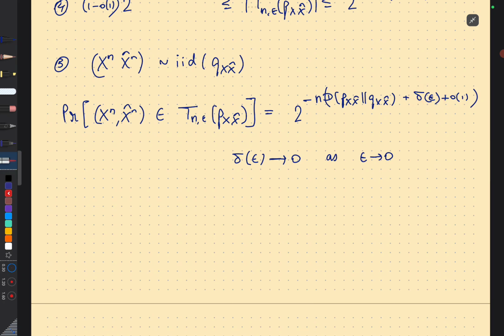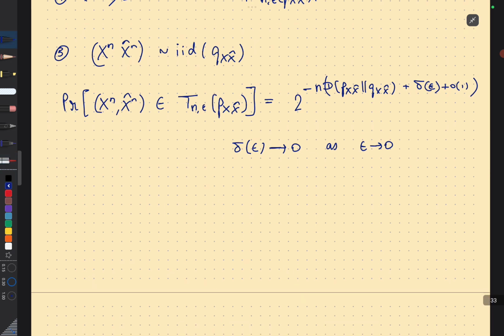It's going to be something that is linear in epsilon with the constants depending on P of x, x hat and Q of x, x hat. But it's not important because this is some quantity that is going to be very, very small when epsilon is small. Any questions?